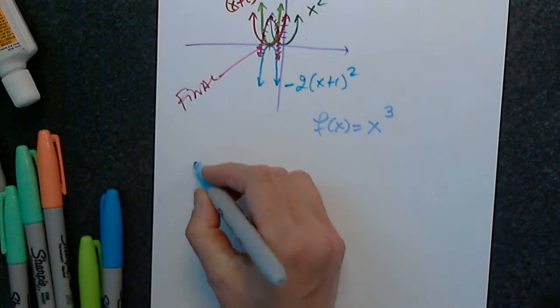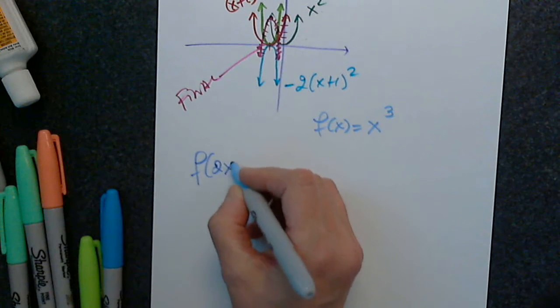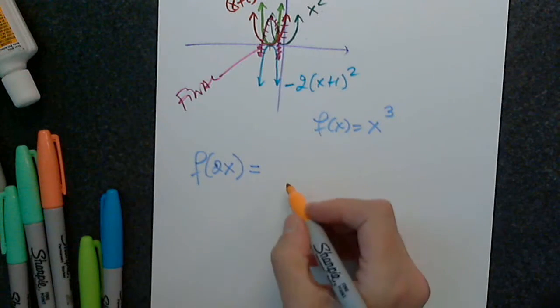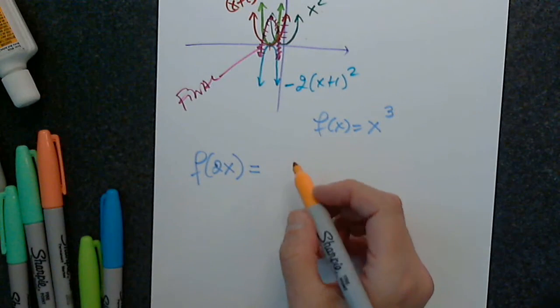So f of x equals x cubed. Now I would like you to tell me, how do we get this? We know how to evaluate a function for anything we can think of, including for 2x. So please tell me what to write as the first step. Very good.